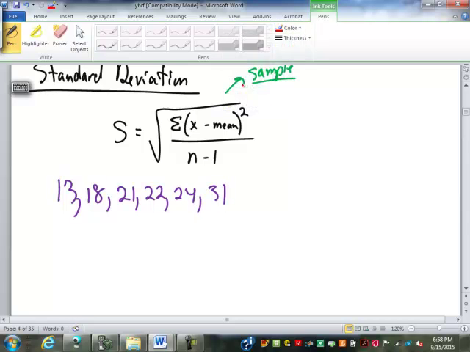Again, I put the formula up here just to show it to you. We're going to do a step-by-step process. The first step in finding the standard deviation is to find the mean. So we're going to add these together.